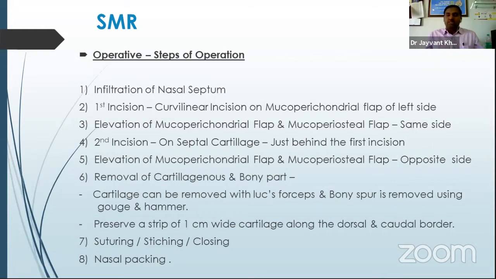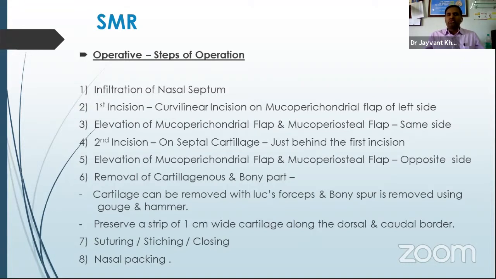Then first incision. You have to take the first incision on the mucoperichondrial flap just behind the caudal end, a curvilinear incision on the mucoperichondrial flap on the left side. Then you have to mop it with the gauze piece or suction machine. Then elevation of mucoperichondrial flap and mucoperiosteal flap on the same side with the help of mucoperichondrial flap elevator.